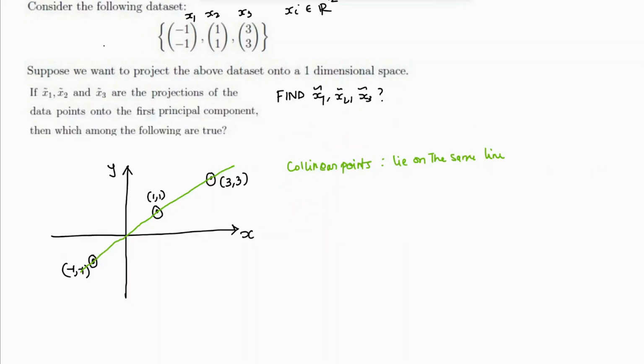Now in the next question, if x1 tilde, x2 tilde and x3 tilde are the projections of those data points onto the first principal component, then we have to find x1 tilde, x2 tilde and x3 tilde.